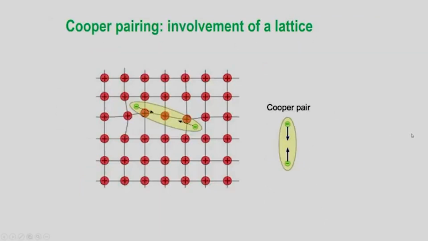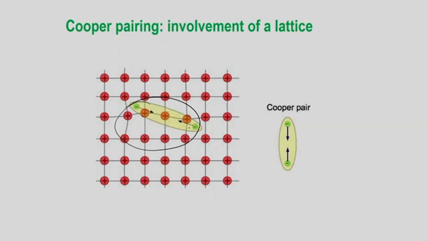So, this is the Cooper pair. Take an analogy: there is a lattice, and you see here that the lattice is deformed because of lattice excitations. The electrons, which are usually repulsive, now mediated by these lattice excitations called phonons, start forming a bound pair, and you see a bound pair here.